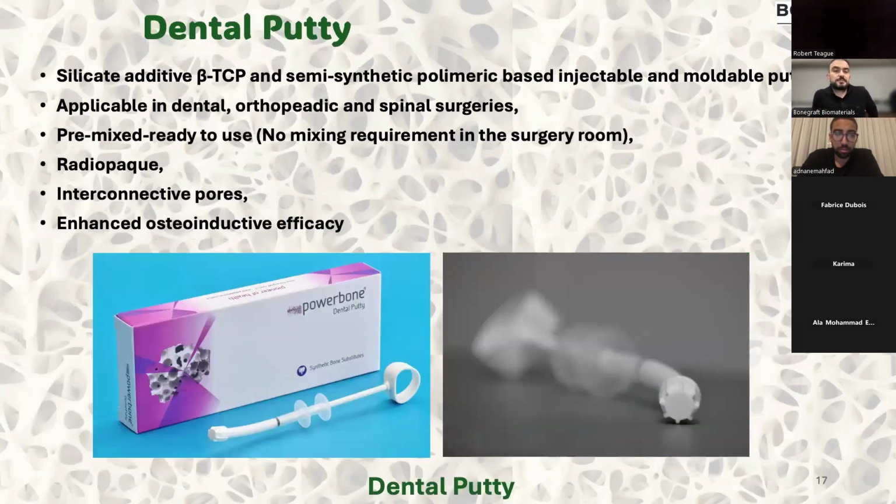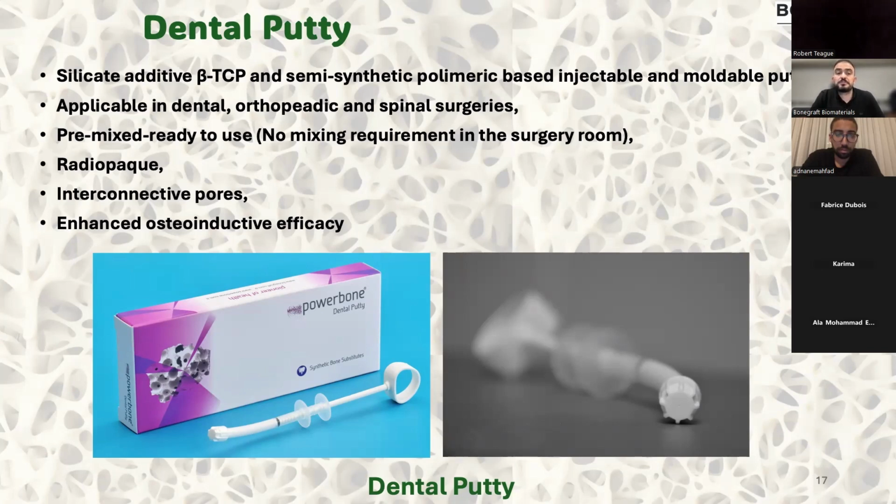The next product is dental putty, one of our most demanded products in dental applications. It is based, again, on silicated beta-tricalcium phosphate and a semi-synthetic polymeric gel that allows it to be injectable and moldable. So it's a premixed material.